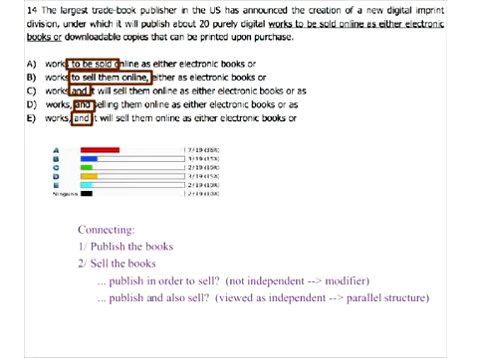Let me tell you, we kind of got to close up shop here pretty soon, so let me clue you guys into this a little bit here. What you want to be looking at here is this. You're talking about a digital imprint division of a company under which these things happen. So it's a digital imprint division. What that means is it's the part of a company, it's the division of a company that makes digital materials.